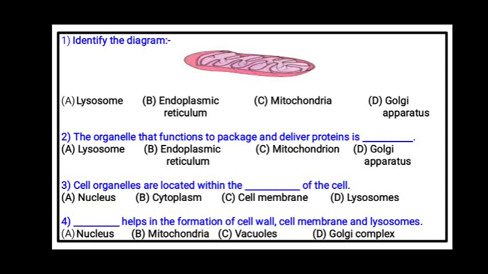Fourth one, dash helps in the formation of cell wall, cell membrane and lysosome. So which is that cell organelle which helps in the formation of cell wall, cell membrane and lysosome? Nucleus, mitochondria, vacuoles or Golgi complex. So you have to write the correct answer. We move to the next one.